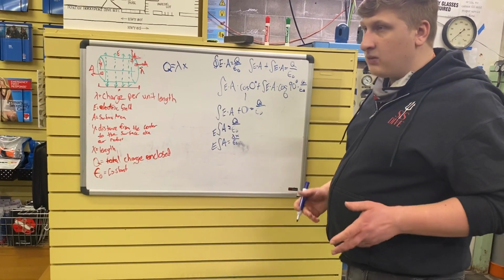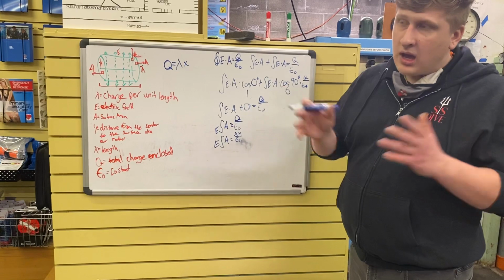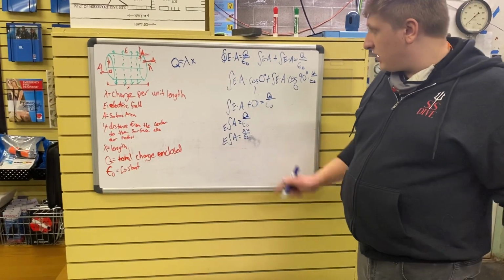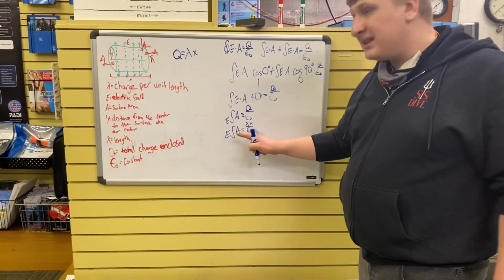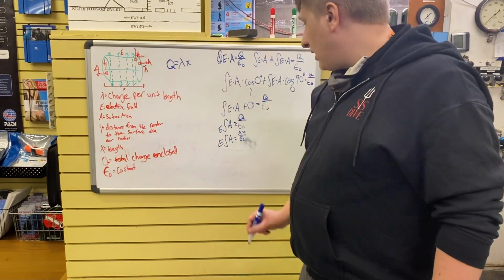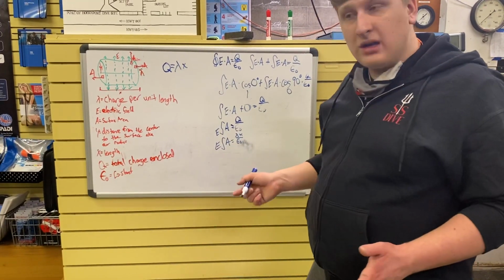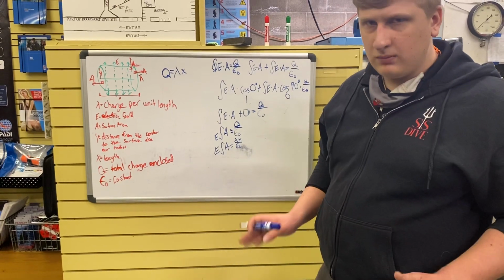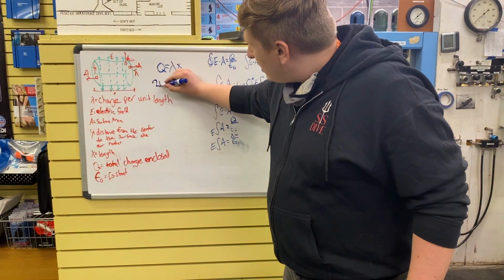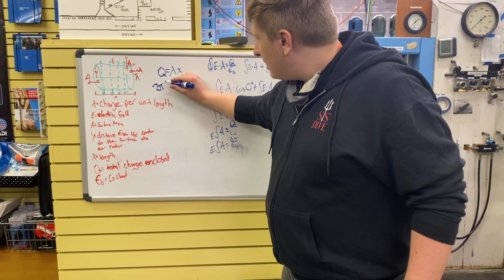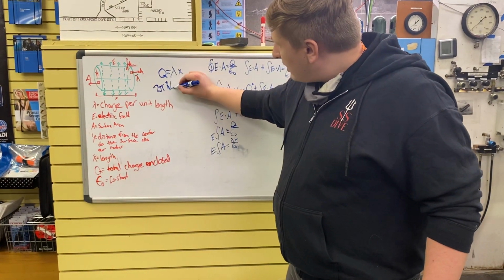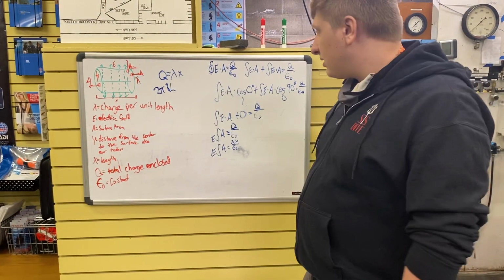That basically wants us to find the entire surface area of the cylinder. So knowing that, how do we find the surface area of a cylinder? Well, we do that by simply multiplying 2 pi times the radius of the cylinder times the length of the cylinder.